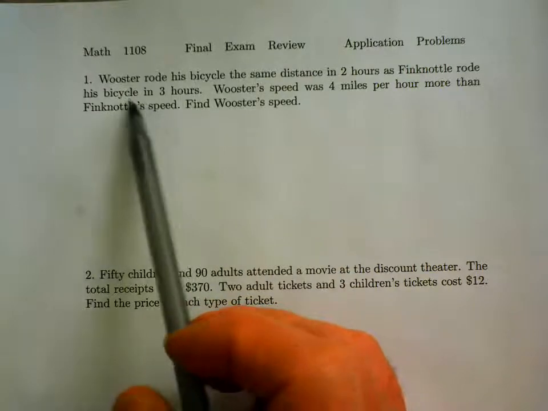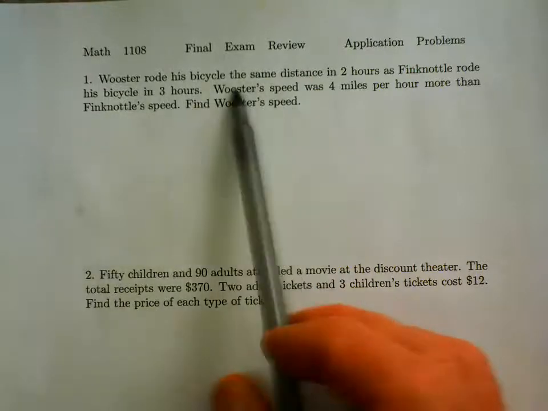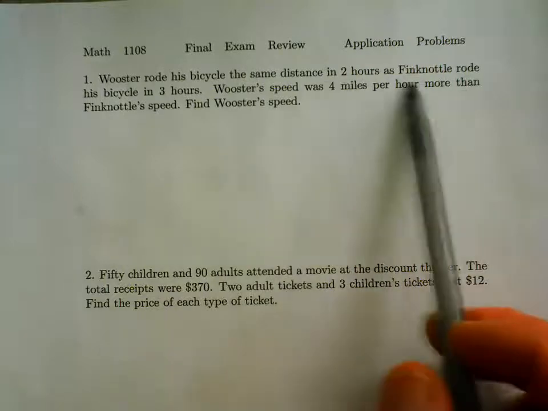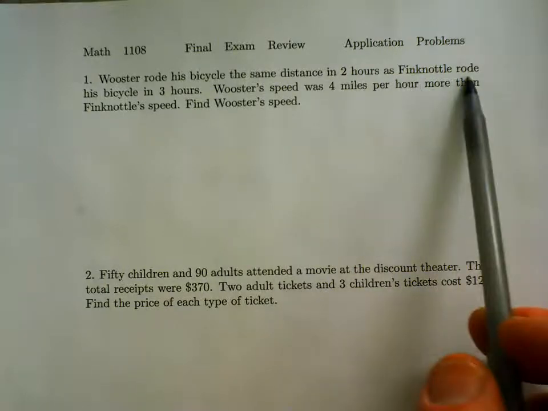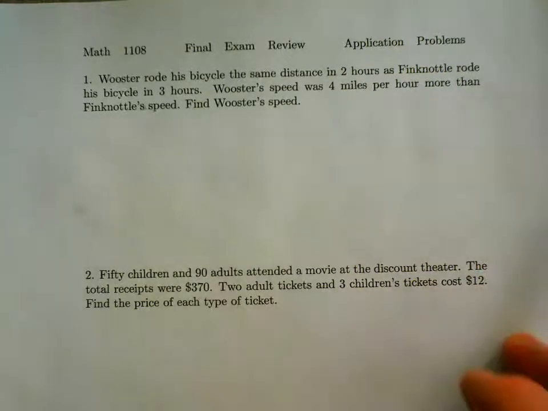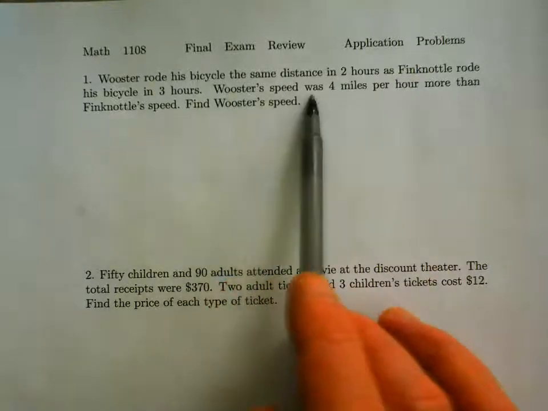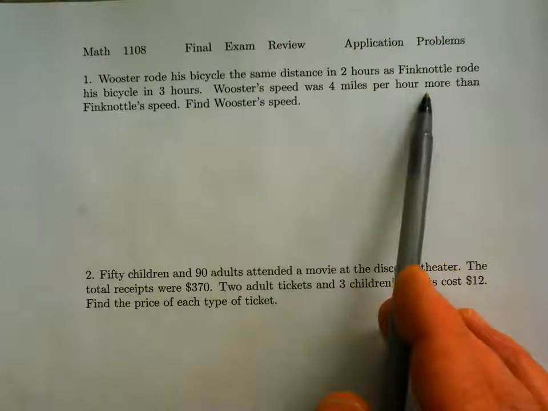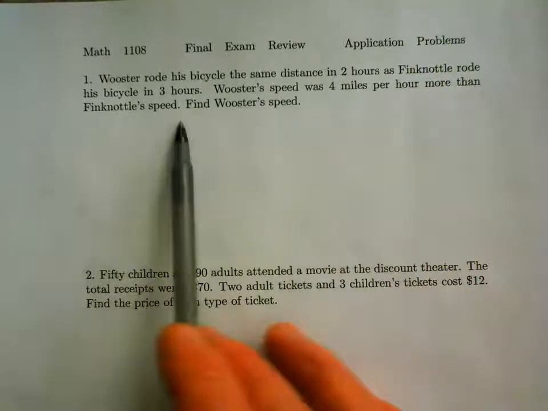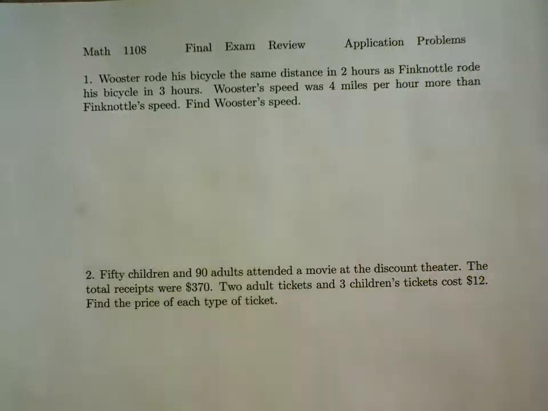This one says Wooster rode his bicycle the same distance in 2 hours as Finknottle rode his bicycle in 3 hours. Wooster's speed was 4 miles per hour more than Finknottle's speed. Find Wooster's speed.